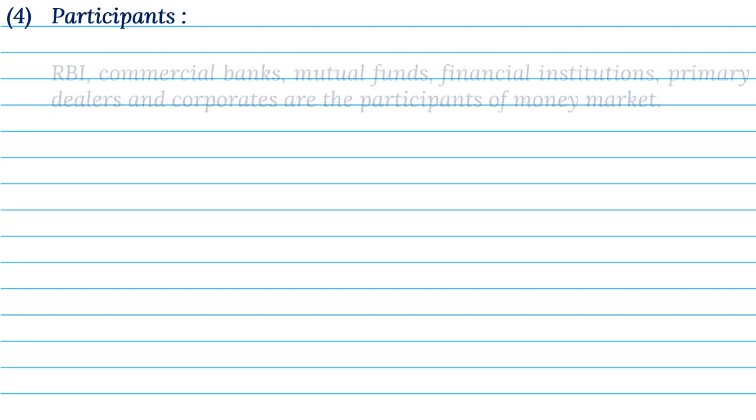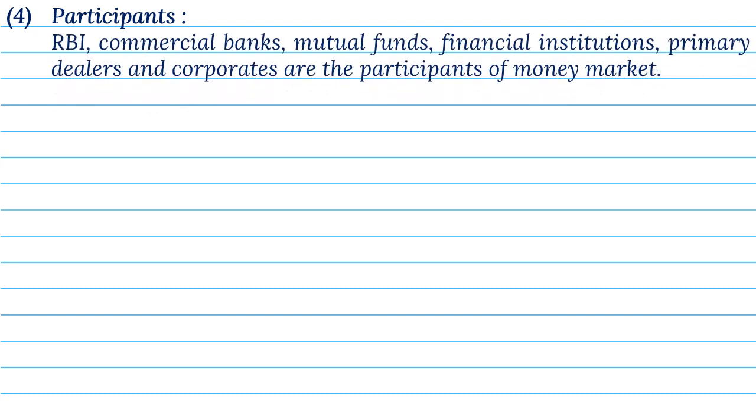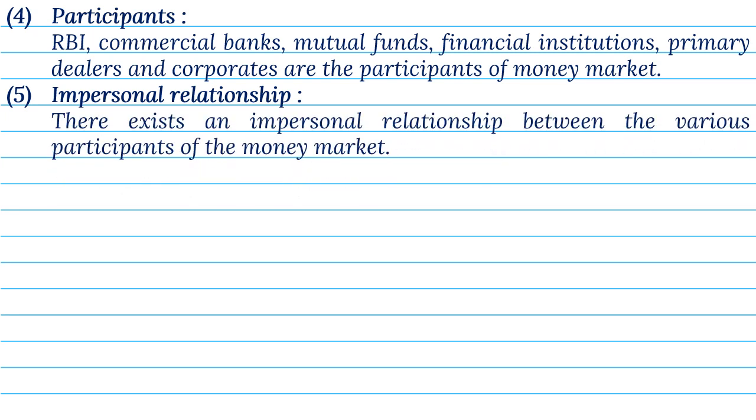Participants. RBI, commercial banks, mutual funds, financial institutions, primary dealers, and corporates are the participants of money market. 5. Impersonal relationship. There exists an impersonal relationship between the various participants of the money market.